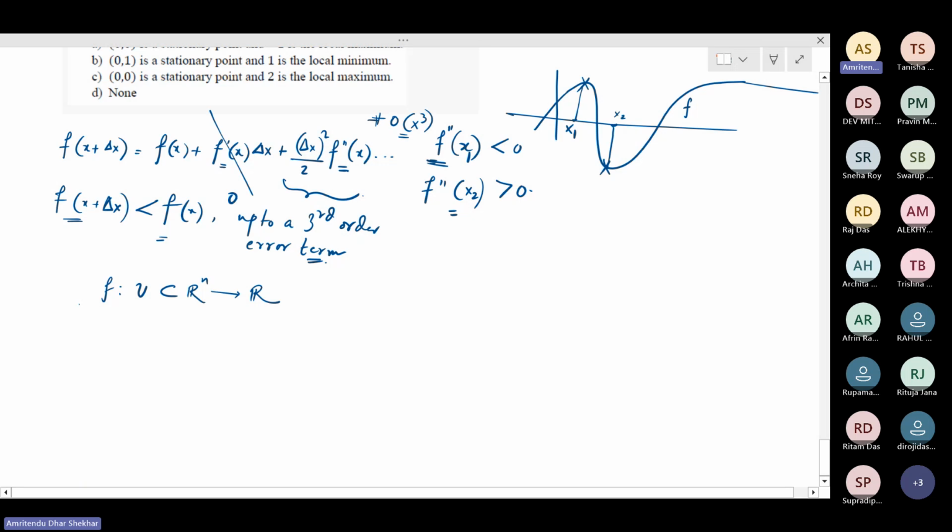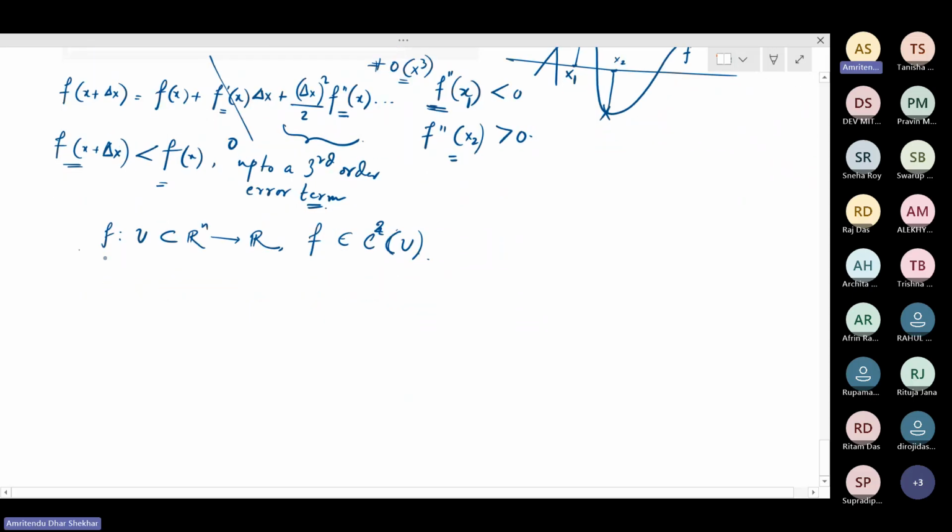If f does not admit a second derivative and all those nasty things, we're not going to worry about those kinds of problems here. So we're going to assume that f is a C2 function, C2 of u, which means that f admits continuous second order derivatives.